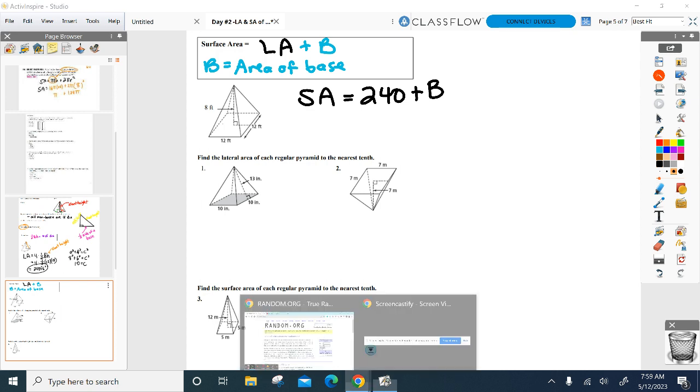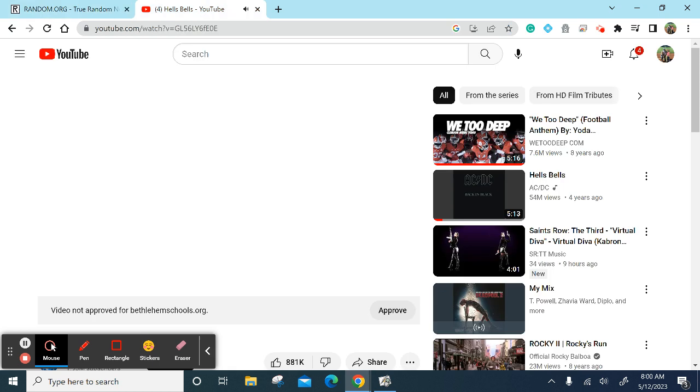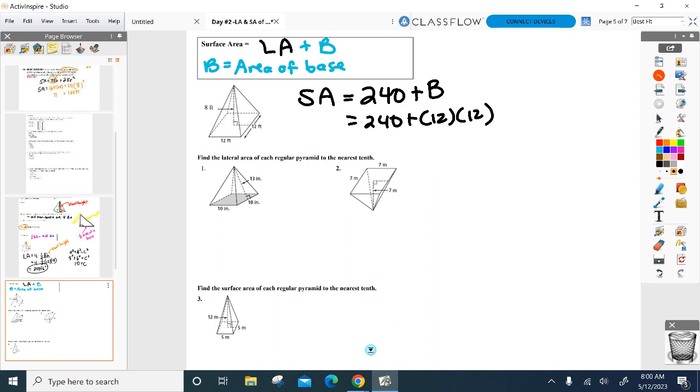How do I find the area of this base now? 12 times 12. That gives 144. So we're looking at 384 square feet.